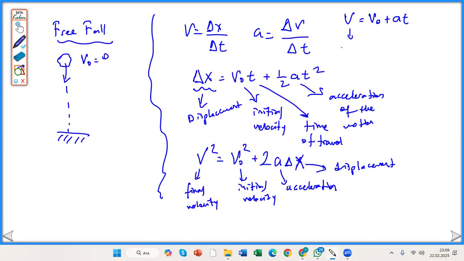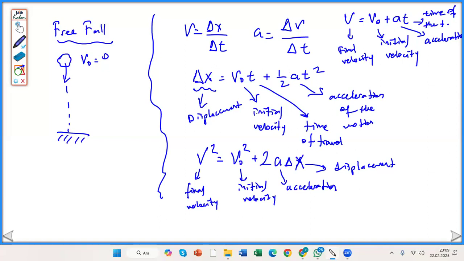Once again, V is the final velocity, V0 is the initial velocity, a is acceleration, and t is the time of the travel. So yes, I think we are ready to use these formulas.